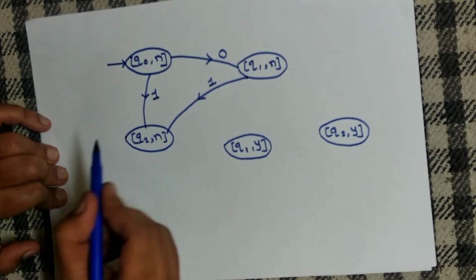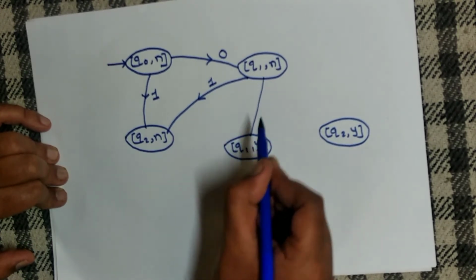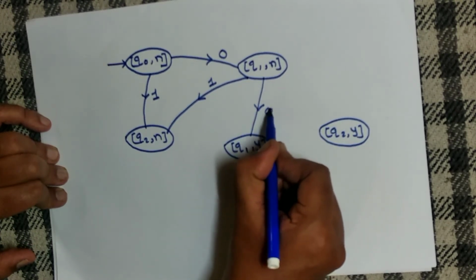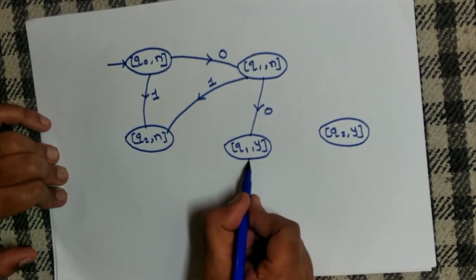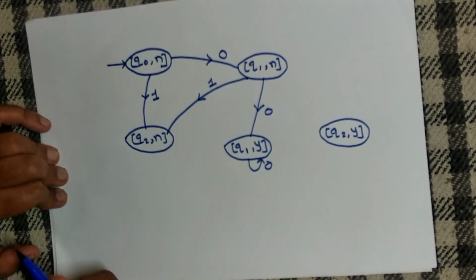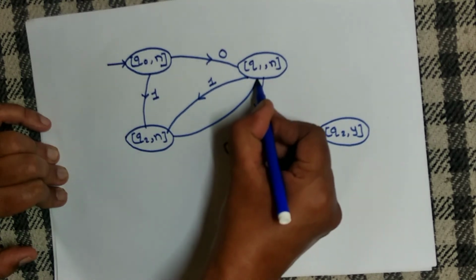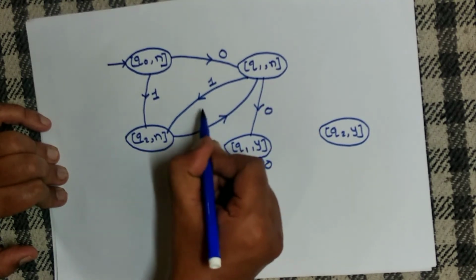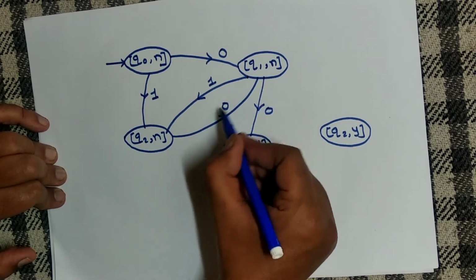Again, which one is remaining? Q1's 0 is remaining. Q1 0 goes to Q1y. Then Q1's 0 goes to itself. Then Q2's 0 goes to Q1n.